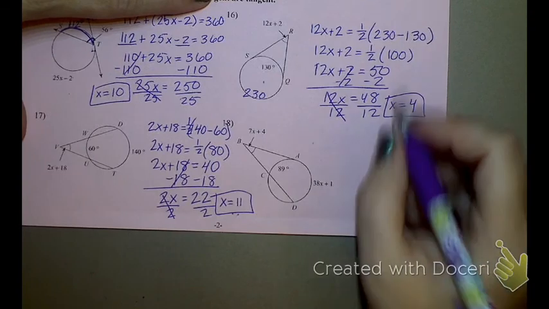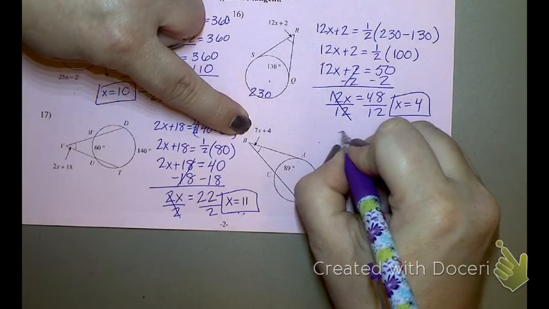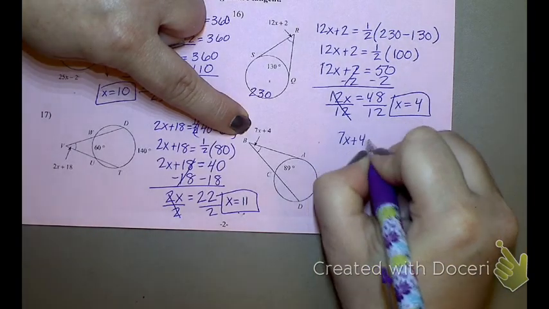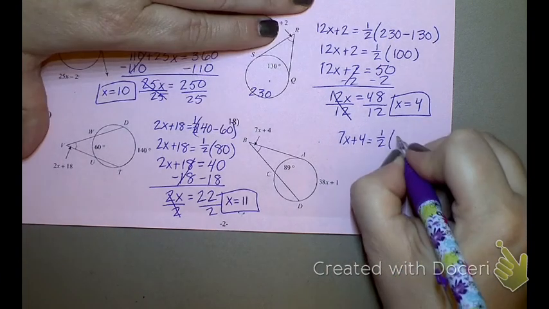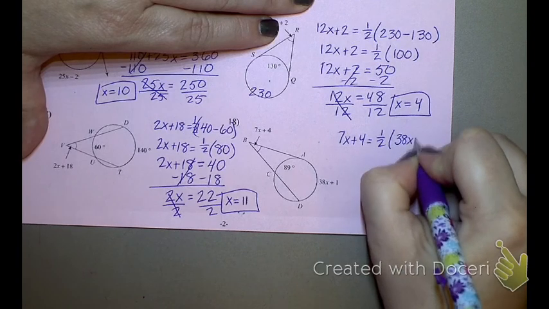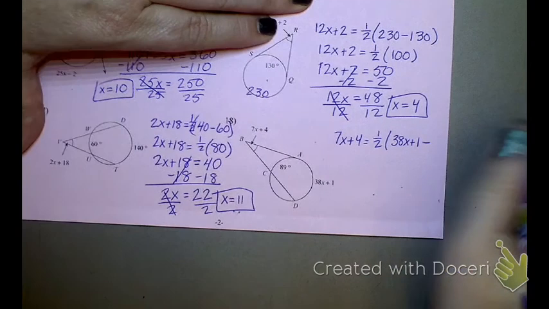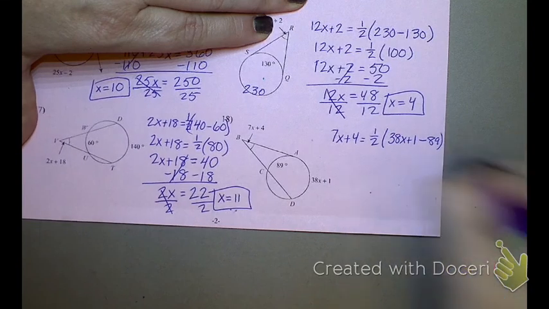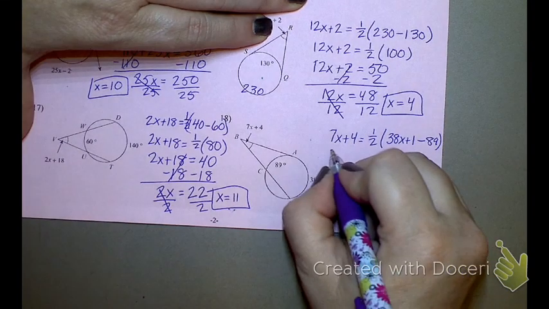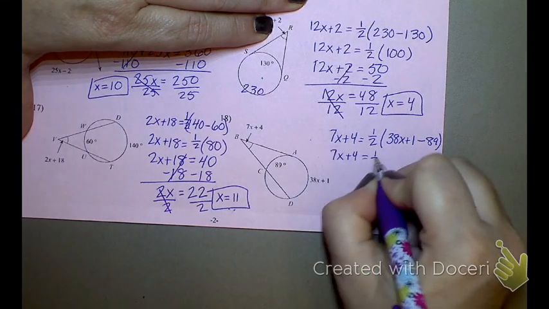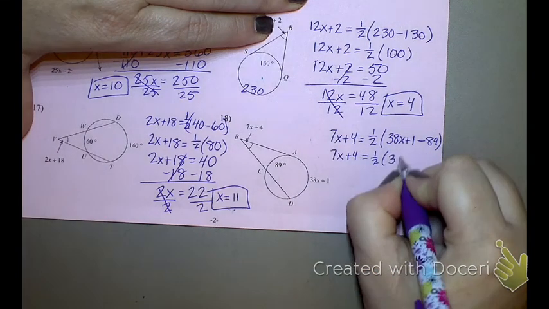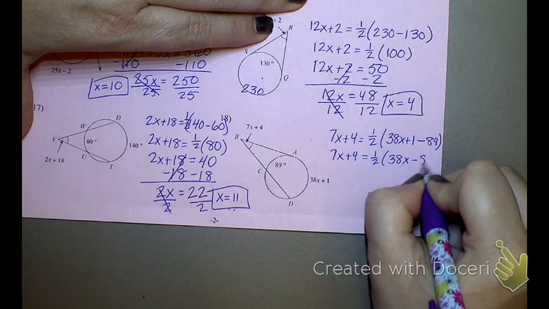And the last one. The angle is equal to 1/2 of the big arc, which is 38x plus 1, minus the small arc, which is 89. So 7x plus 4 equals 1/2 of 38x minus 88.